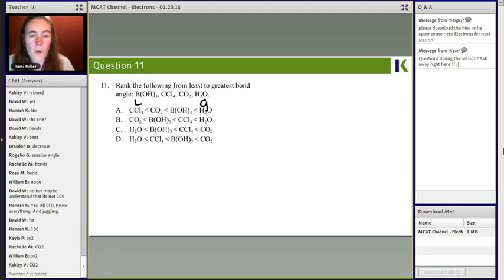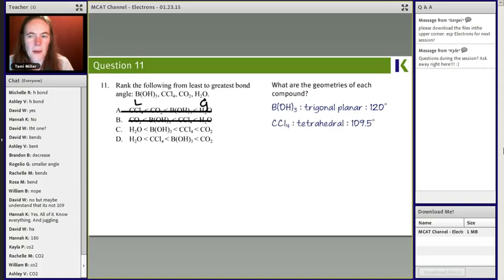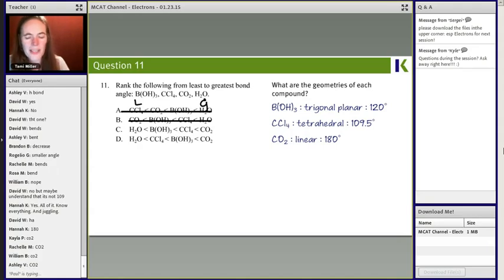So I'm going to get rid of everything that doesn't have carbon dioxide as the largest, and water is the smallest. So then I have to look at my trigonal planar, and my carbon tetrachloride I always know is tetrahedral. It's 109.5. So which of these is larger? My BOH3 or my carbon tetrachloride?